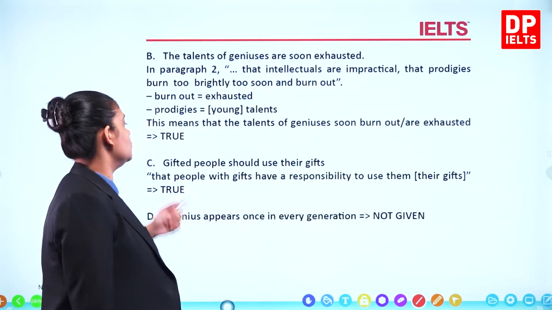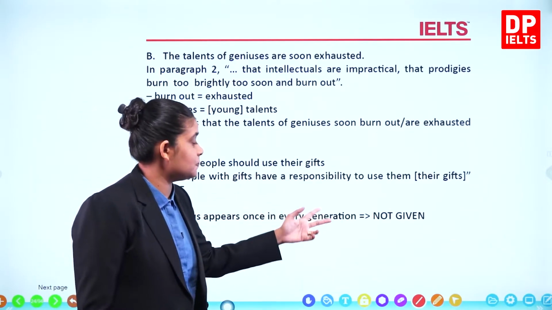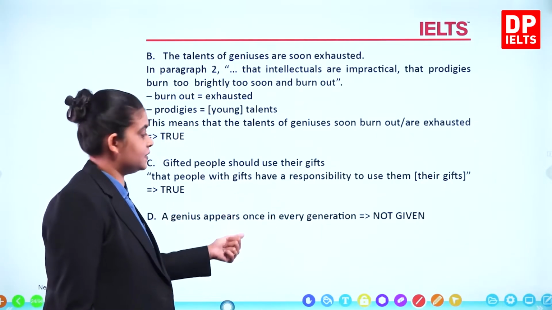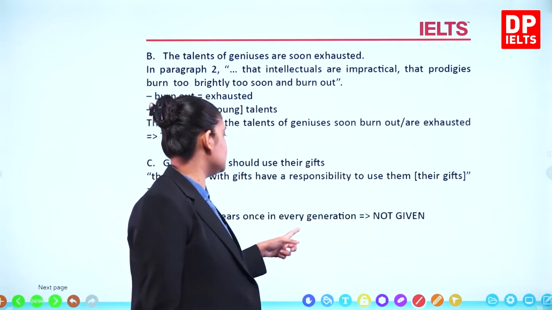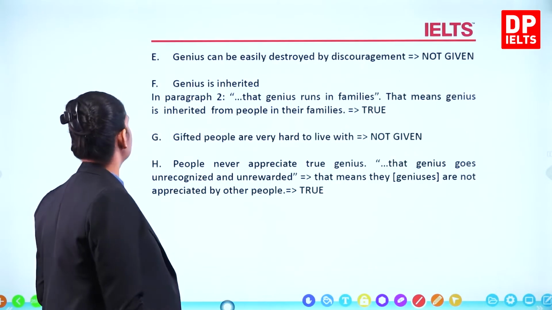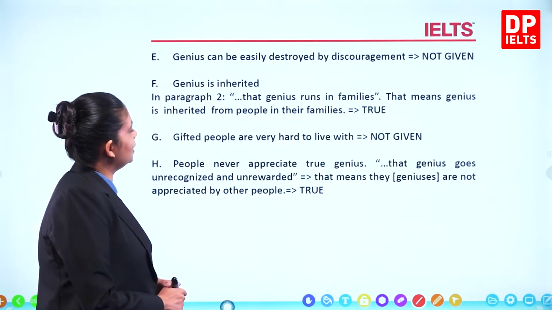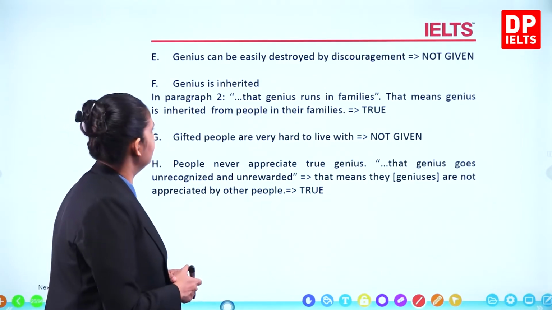Gifted people should use their gifts, okay. People with gifts have a responsibility to use them, so that's true. A genius appears once in every generation, really not given, so we don't know about it. Genius can be easily destroyed by discouragement, again not given, so we can't take it.